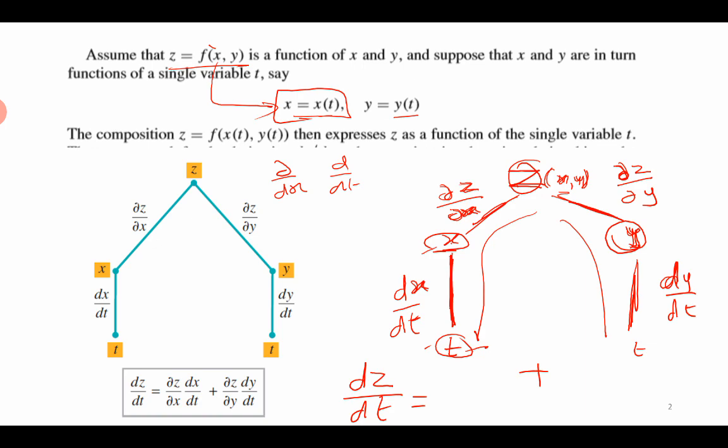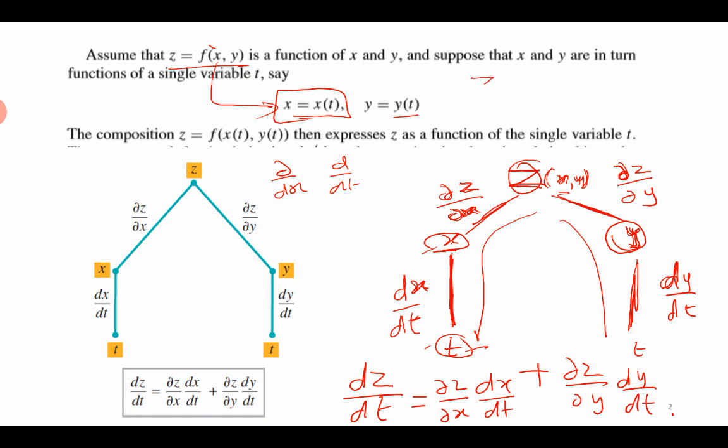So multiply these two terms in the first branch, dou z by dou x multiplied by dx by dt, plus the second branch, dou z by dou y and dy by dt. This is the formula where the inner variables x and y are functions of only one variable.